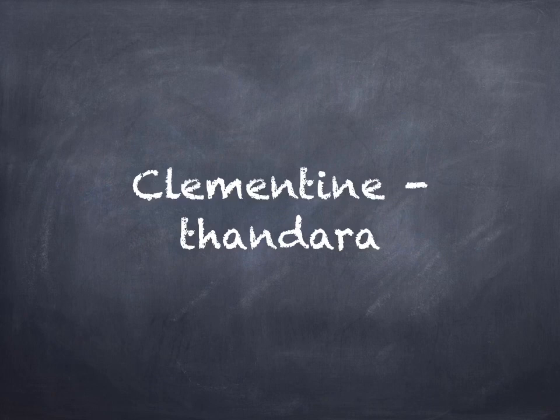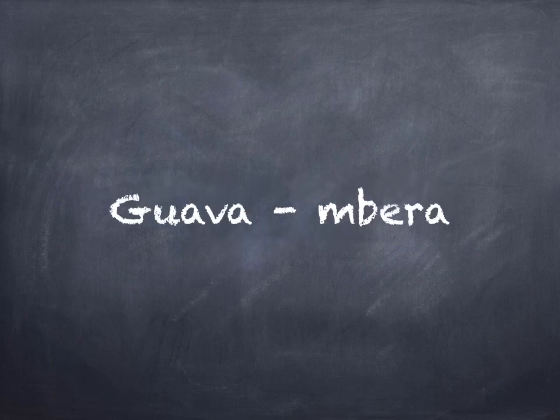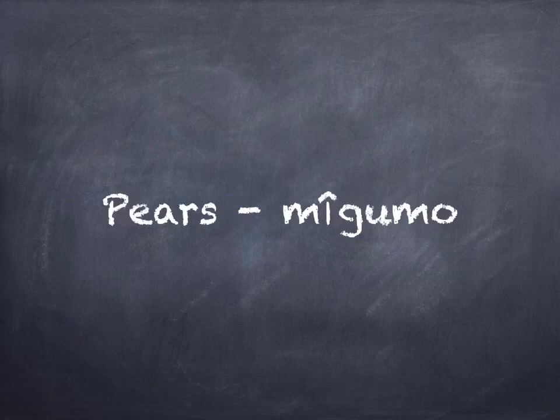Clementine in Kikuyu is thadara. Loquat known as bother, and another term is darifo, depending on where you come from. Guava is bera. Pears is megumo.